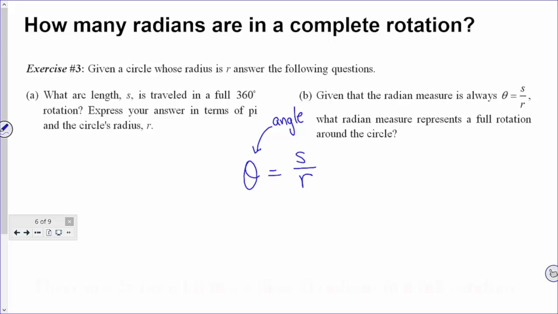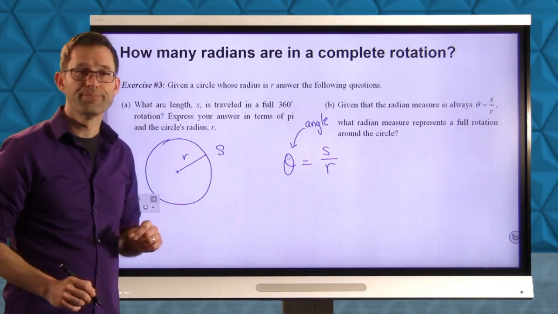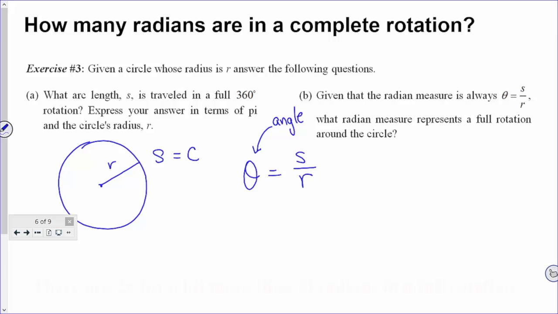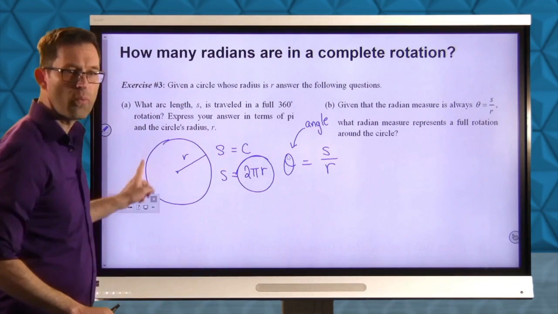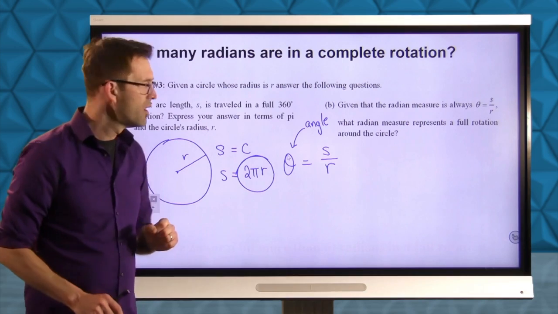So if we go all the way around a circle, then what is my arc length all the way around? Well, it's the circle's circumference. And what is the circle's circumference? Well, it's 2 pi times the radius. That's all the way around. 2 pi times the radius.